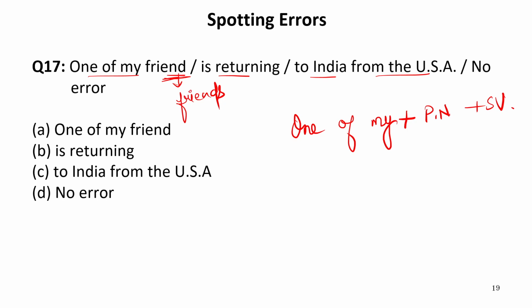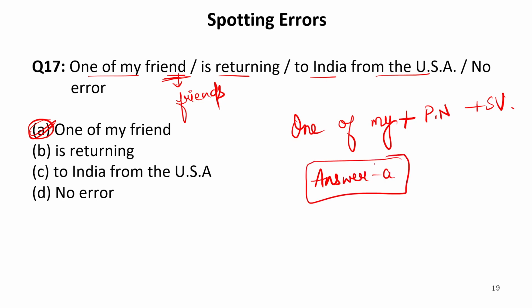If I write one of my friend, it means I have only one friend and I'm talking about only that friend. So one of will be incorrect phrase if the noun is singular. Therefore, the correct sentence will be one of my friends is returning from the USA. So one of my is always followed by plural noun and singular form of verb. So this is the error in part A. So our answer is A.